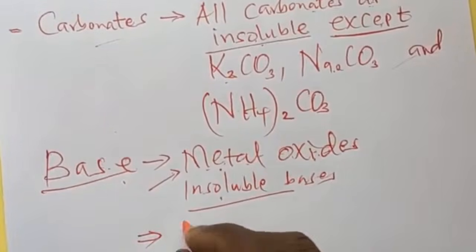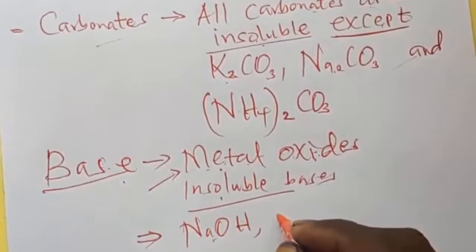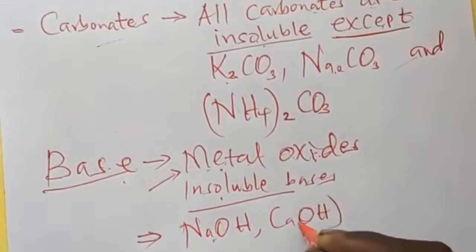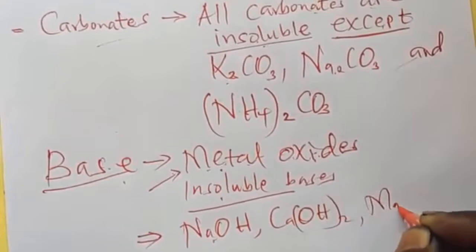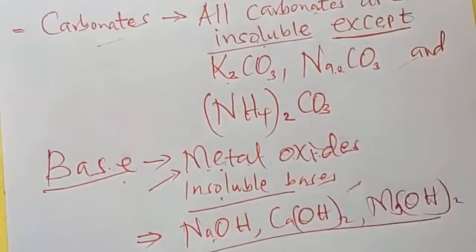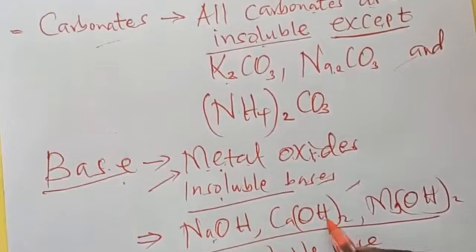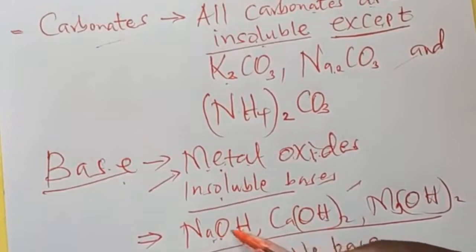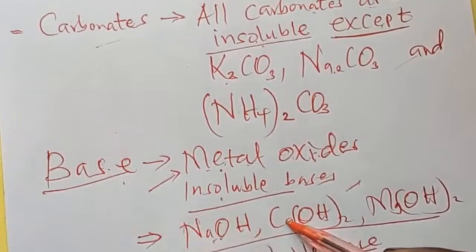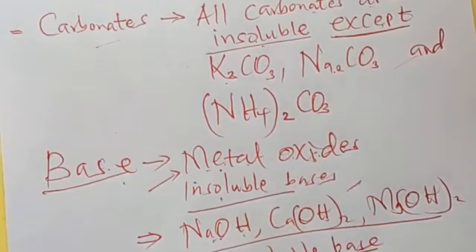Soluble bases such as sodium hydroxide, so hydroxides, calcium hydroxide, magnesium hydroxide, all of these ones are called soluble bases. So hydroxides and metal oxides are bases.